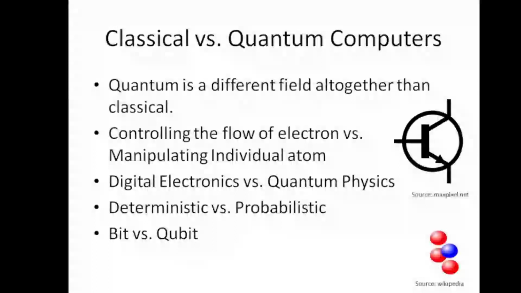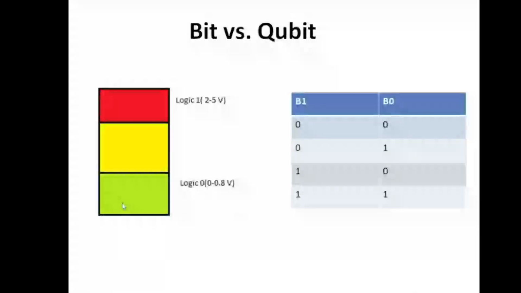Now the minimum amount of information which we can represent in a classical computer is a bit, and in quantum computers, we call it a qubit. A bit can either store a 1 or a 0. 1 means if we apply 1 on this transistor, current will flow. If we apply a 0, current will not flow. So a bit can contain either a 0 or a 1.